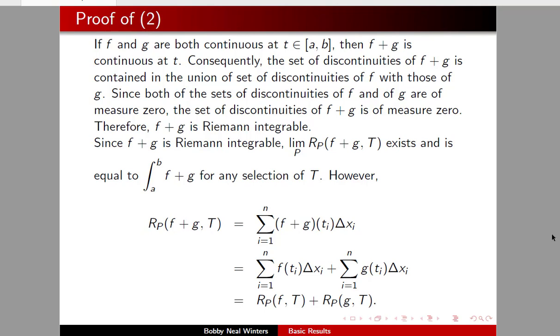Since f plus g is Riemann integrable, the limit of R_P(f plus g, t) exists and is equal to the integral from a to b of f plus g for any selection of t.